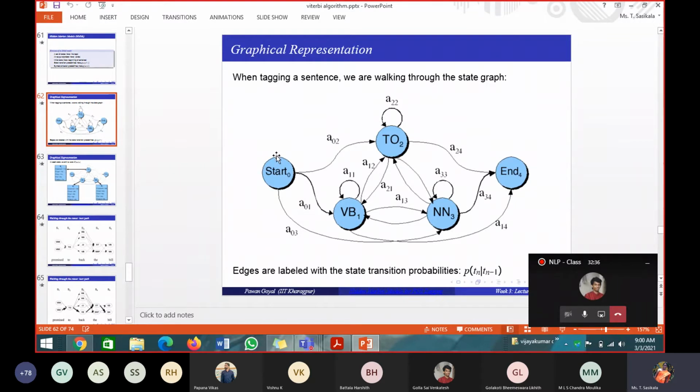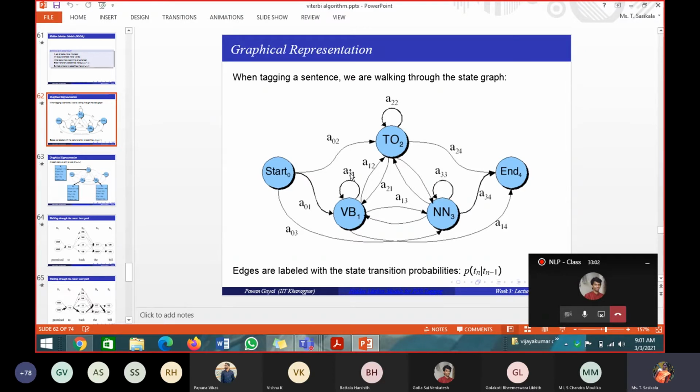This can be represented as a diagrammatic representation having states and edges, wherein the states represent the words present in the given sentence. From the first word, I can go to this word as a second word, or I can go to this word as a second word, or I can go to this word as a first word, anything. There are 3 words here. One is representing a verb, another is representing a preposition, and another is representing a noun.